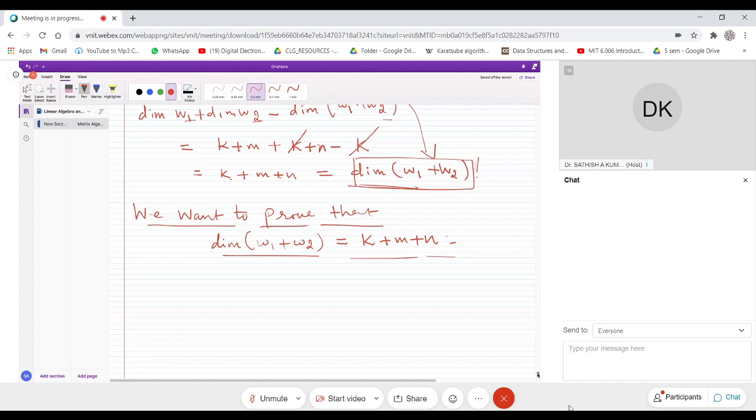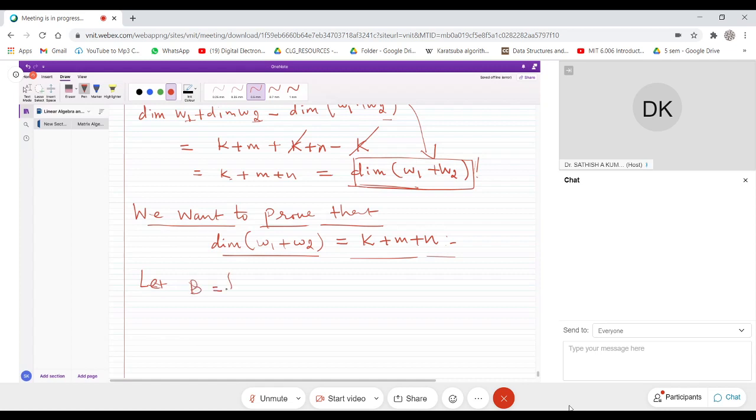Okay, so the dimension of W1 plus W2 should have k plus m plus n elements. Therefore we have to consider the vectors k, m, n. So to consider that, let us consider the following.